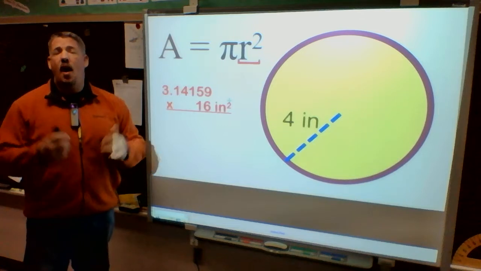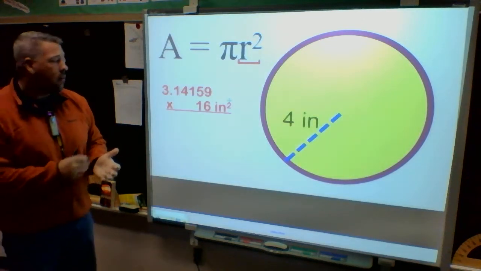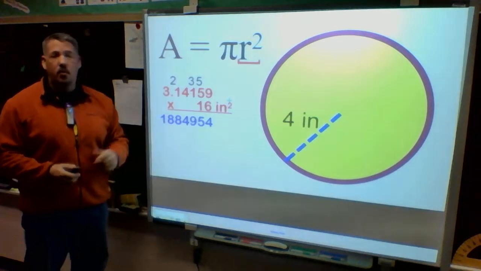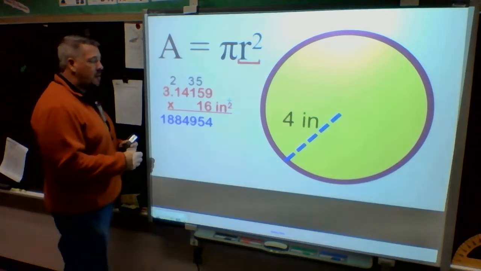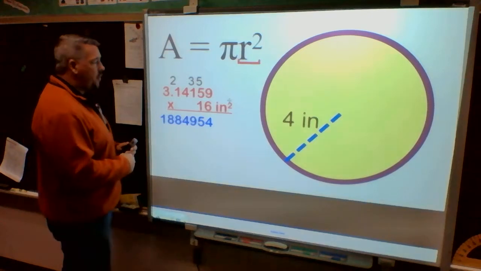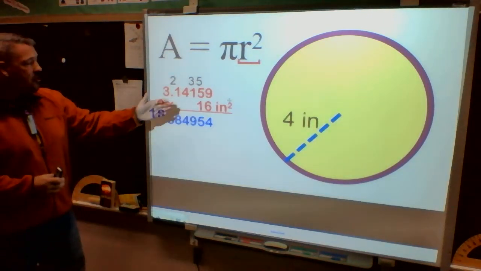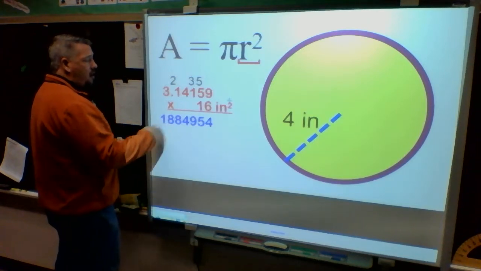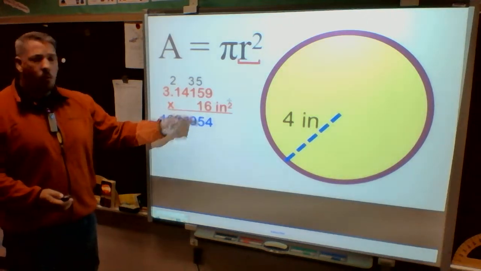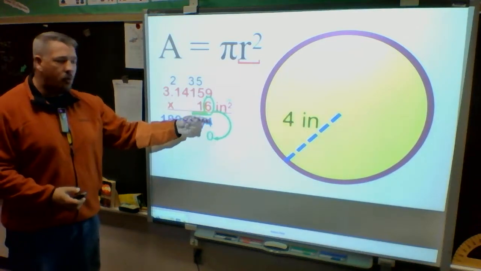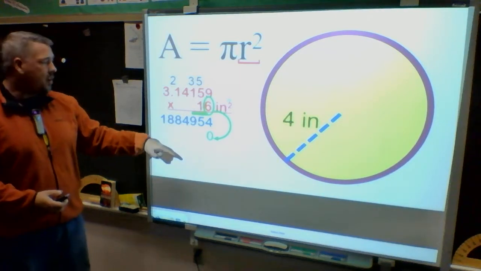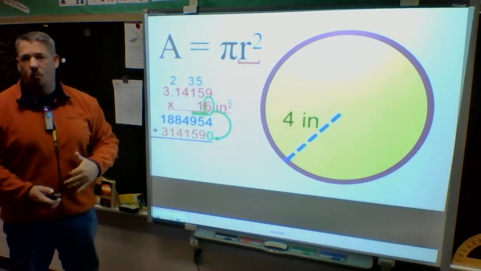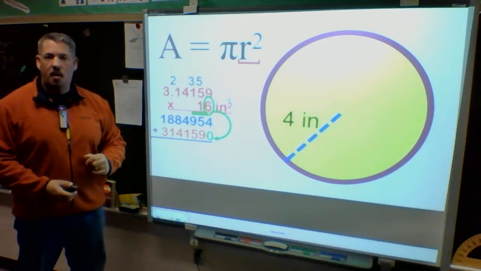And then I'm going to use my handy dandy calculator, and I'm going to type that in and hit an equal sign so that I don't have to worry about doing all that multiplication showing step by step, because some of these are going to be difficult. But it helps me check my work. So when I multiply by 6, I get that number, and then when I go back to the 1, I just put down a 0, because the second number tells me to bring down a 0, and then I can multiply each of those, but it's a 1, so I just write down the numbers again in the same order.